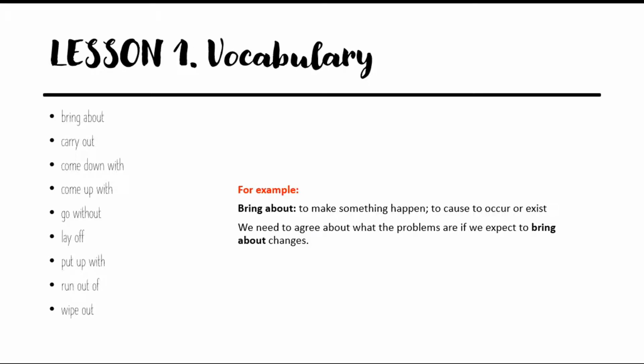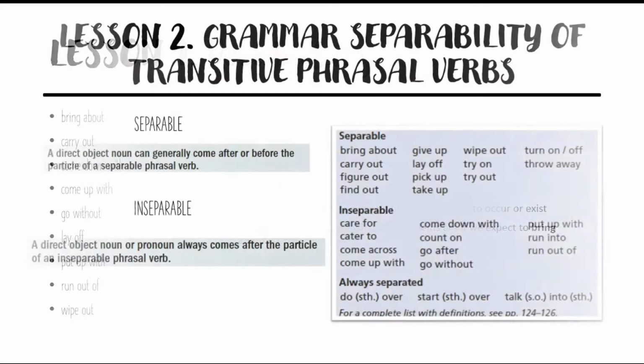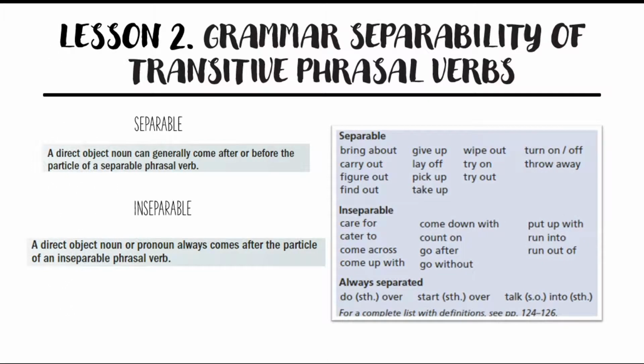bring about change. So, in lesson 2, we'll find the grammar, separability of transitive phrasal verbs. In this grammar, we'll find two kinds of phrasal verbs, separable and inseparable. For separable, we'll find some examples such as bring about, carry out, figure out, find out, give up, and those.